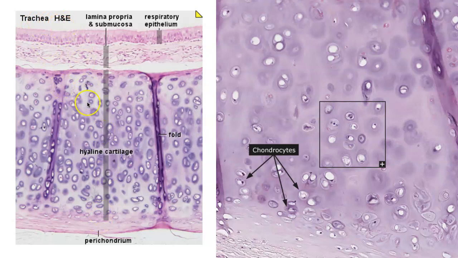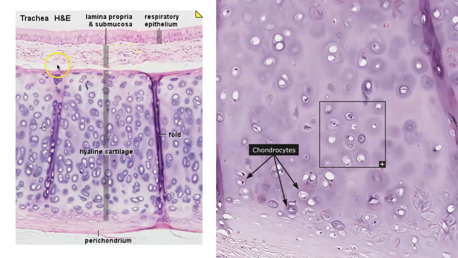So this is another picture of hyaline cartilage. Here's the hyaline cartilage of the trachea. Do you remember what kind of epithelium lines the lumen of the trachea? You can't really see it here, but this is PSCC. Here is going to be our connective tissue down here. This is going to be dense irregular connective tissue.